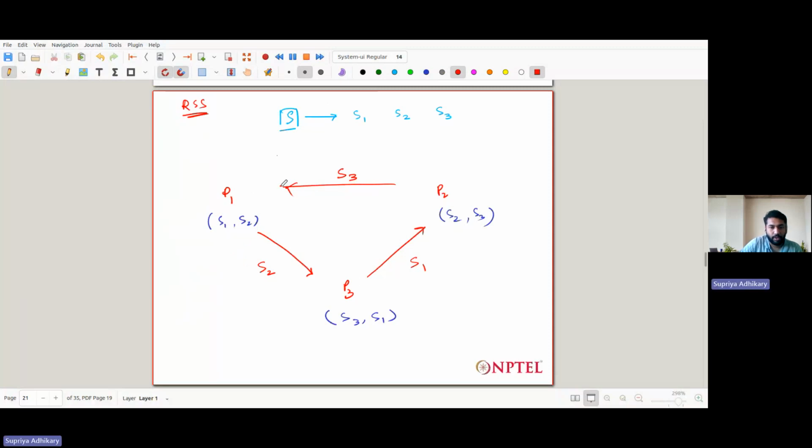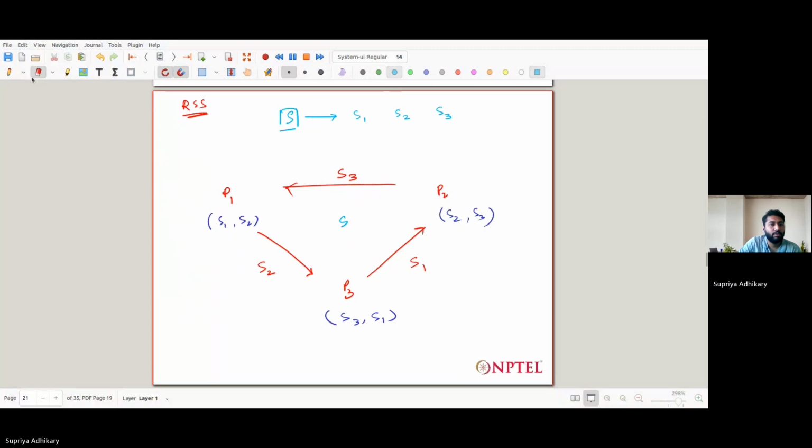So if in the reconstruction phase, P1 sends S2 to P3, P3 sends S1 to P2, and P2 sends S3 to P1, then each of them can reconstruct this S. So this was the reconstruction phase of the RSS protocol.